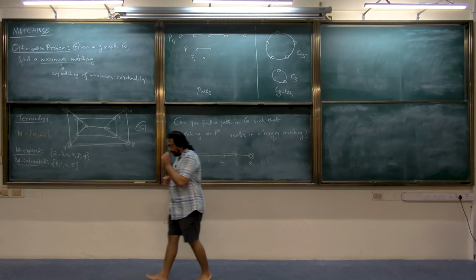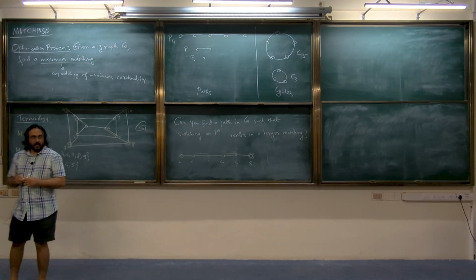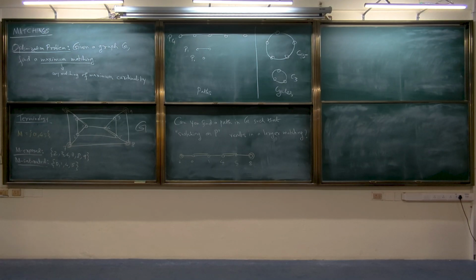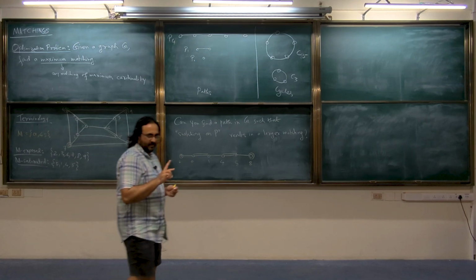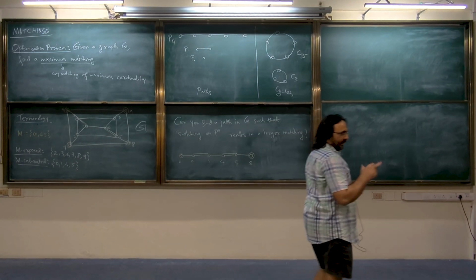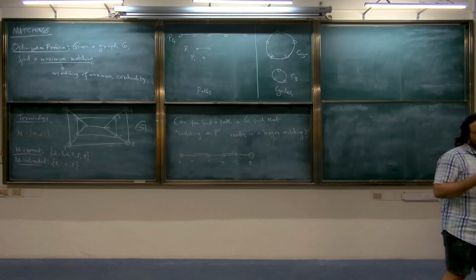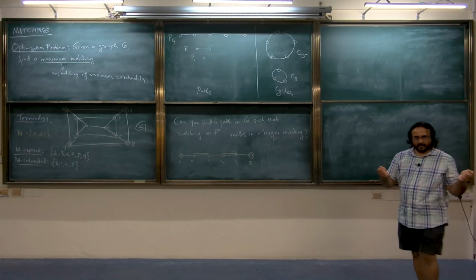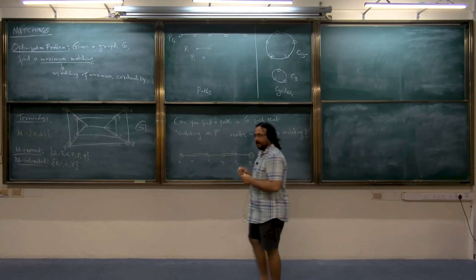What are all these features? The features being the edges are alternating between being in the matching and not being in the matching, and the two ends are exposed. Was that by choice? So not a coincidence.